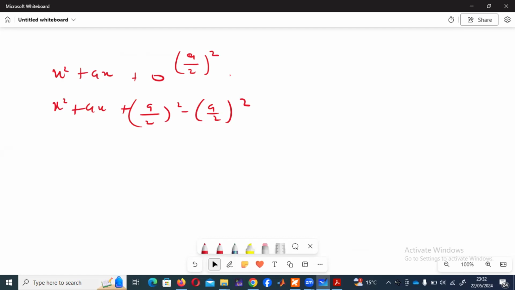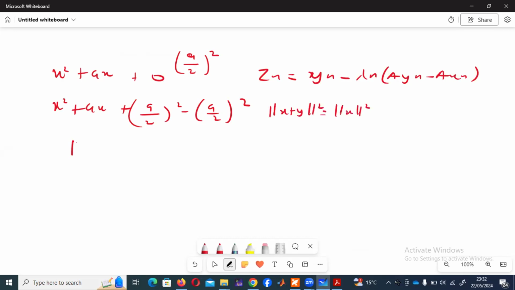Let's expand some of those things. So let's see that method itself. Zn, which is yn, for instance, minus lambda n into (Ayn minus Axn). And we have said they use (x plus y) squared equals x squared plus 2 into inner product of x, y plus y squared.